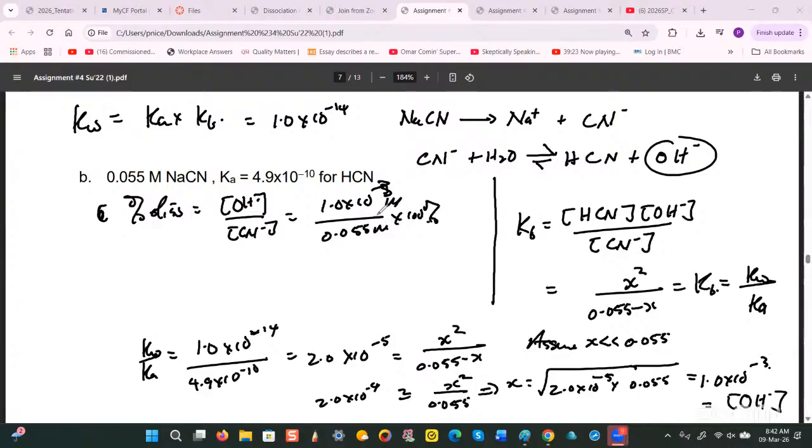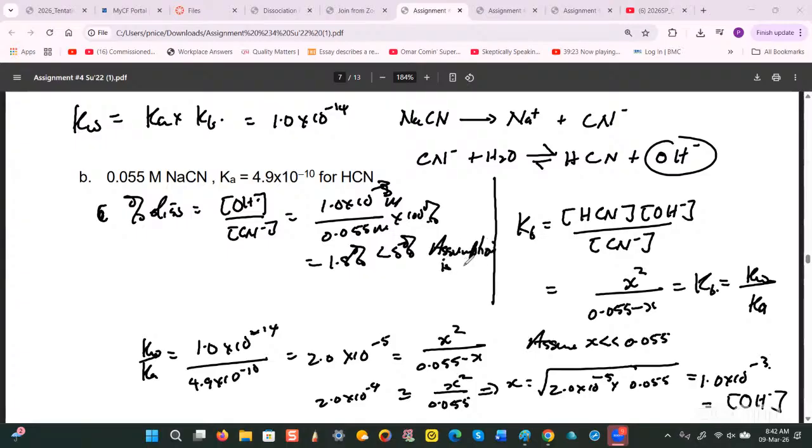And let's see what that gives. Okay, I got 1.8%, which is obviously less than 5%. So therefore, the assumption is valid.